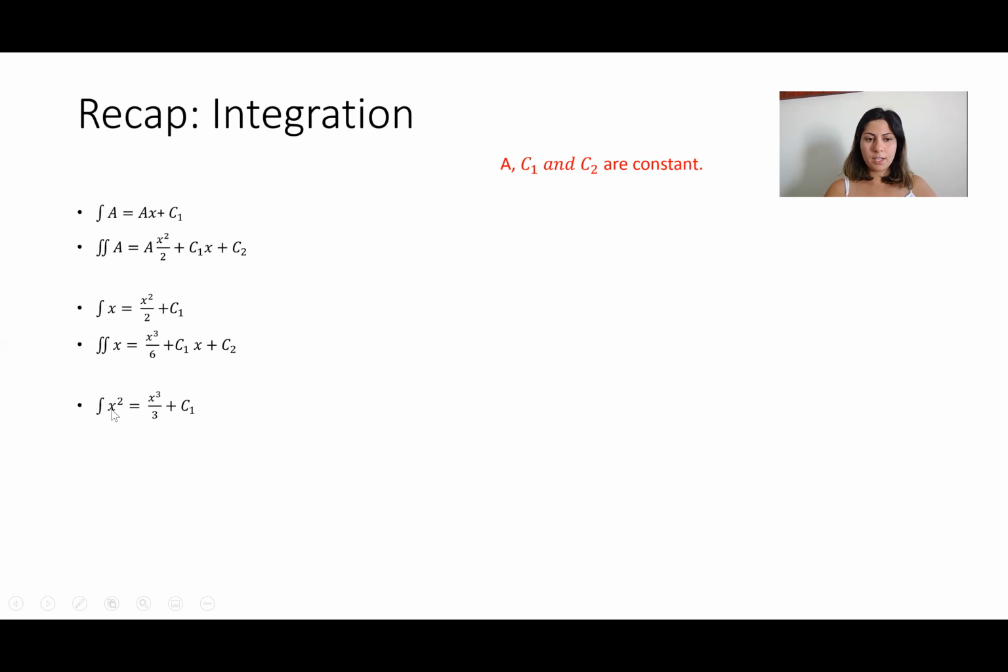Here we have integration of x squared. So we have x cubed divided by 3 plus c1. And if you integrate it twice, it gives you x to the power of 4 divided by 12, which was x to the power of 4 divided by 4 times 3 from the previous one, plus c1x plus c2.